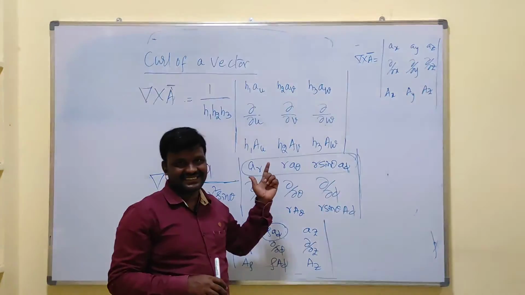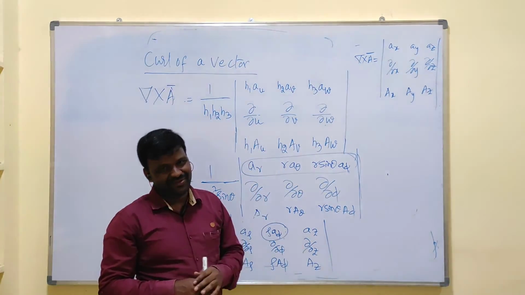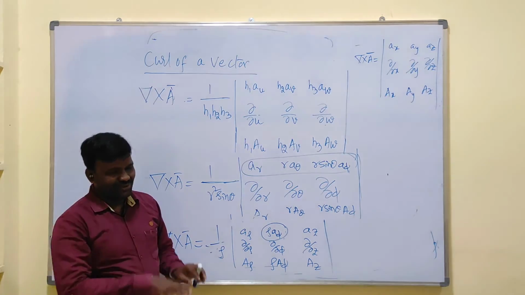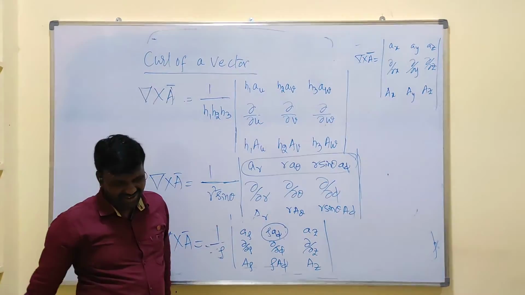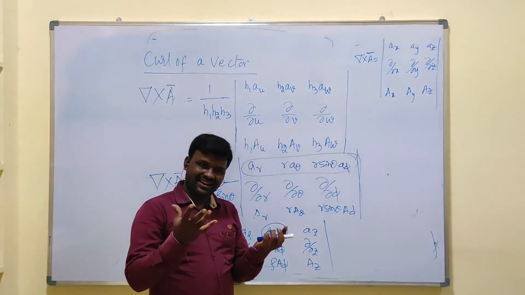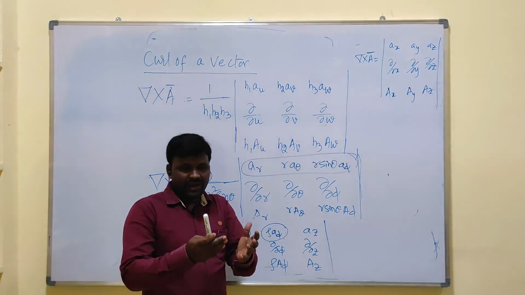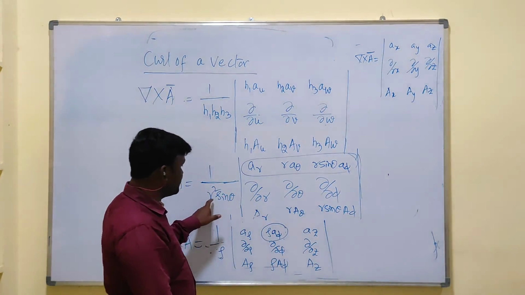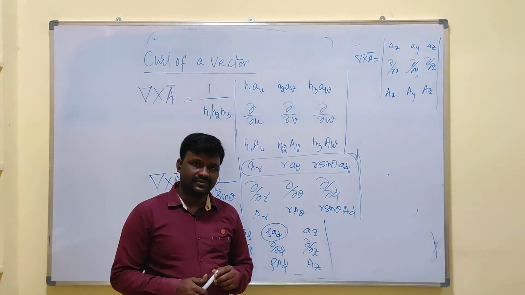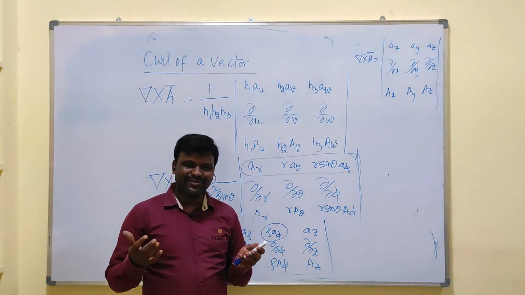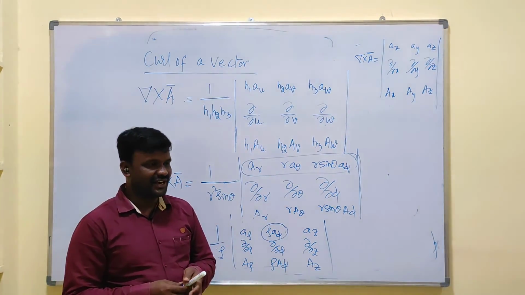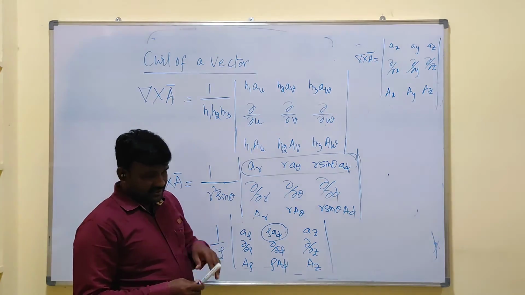This is our first class, an introduction class, but a very important class in electromagnetic theory. Without this, you can't know why the gradient is like this, why the divergence is like this, why the curl formula in spherical is like this. If you know h1, h2, h3, you have some command on that. This is all about today's class.